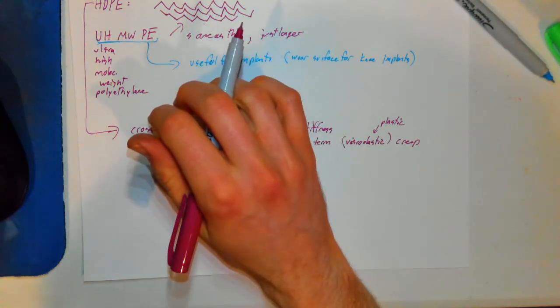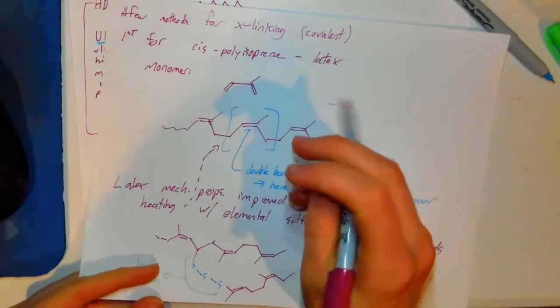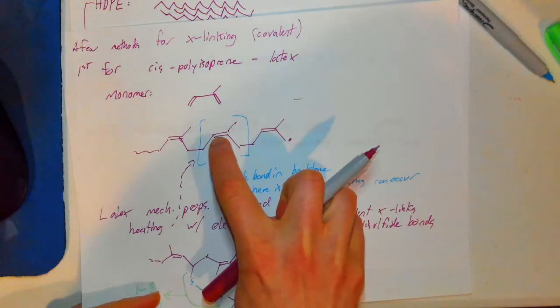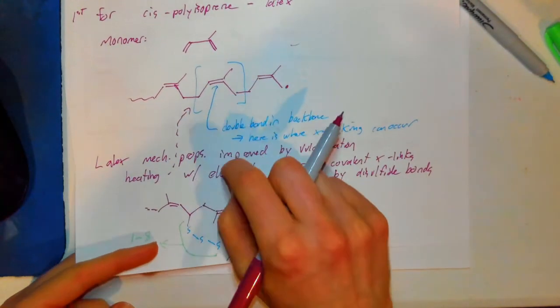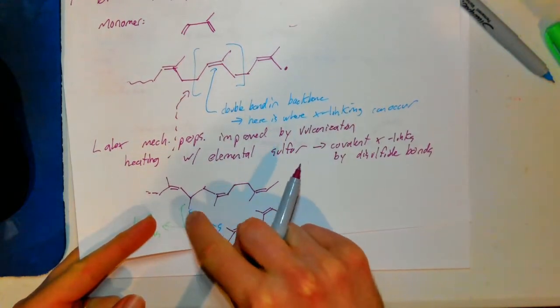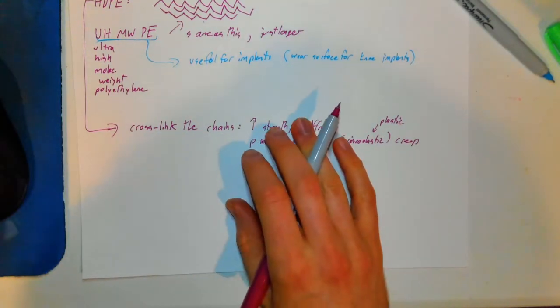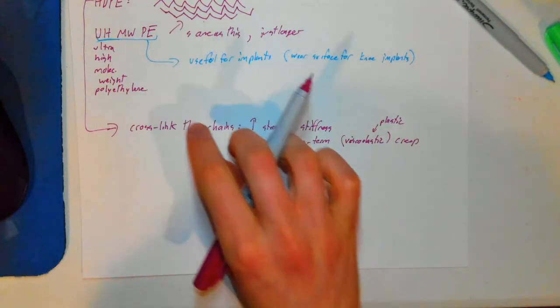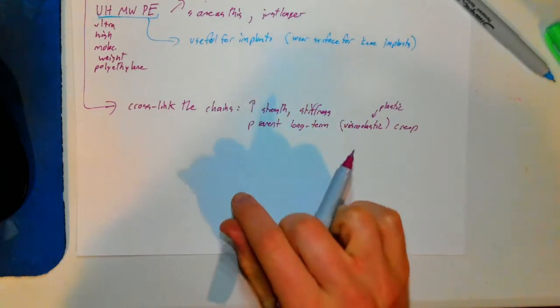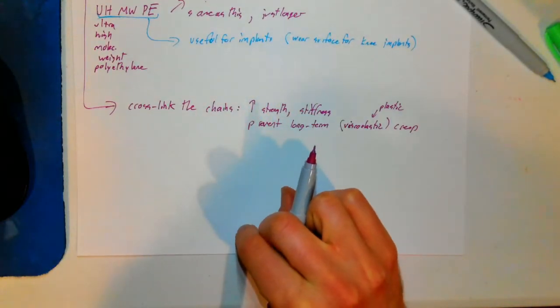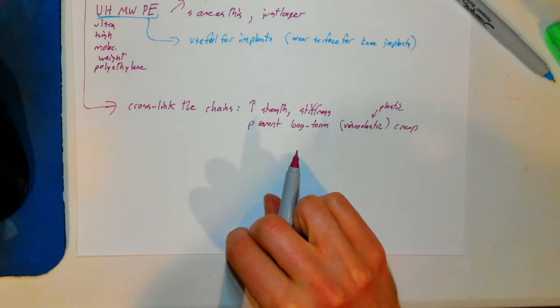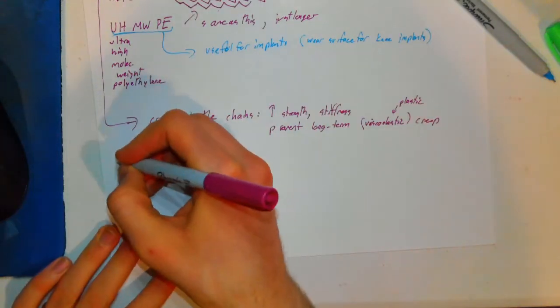Now, unlike cis polyisoprene, polyethylene doesn't have these double bonds which can be popped open and accessed for forming sulfur bridges. Instead, the way that you cross-link polyethylene is by stealing off some of the hydrogens through a radical process.